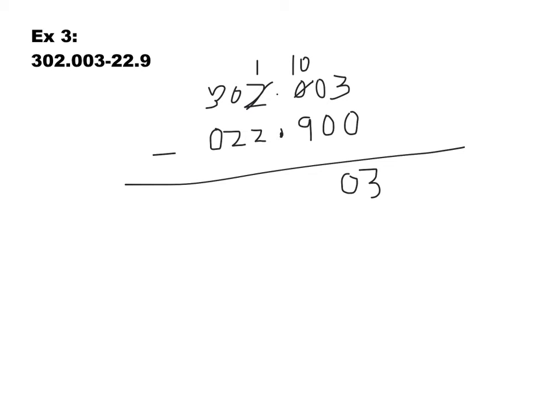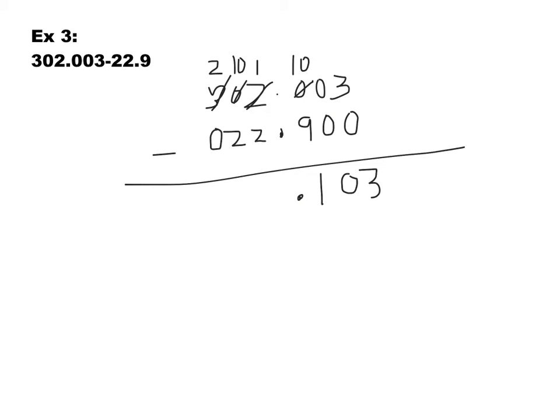So 10 minus 9 becomes 1. And then the decimal point, I cannot subtract 2 from 1. So I'm going to go to the left and I see 0. I cannot borrow anything from 0, so I go to the left column again. So I borrow 1 from this guy. This becomes 2. This 0 becomes 10.